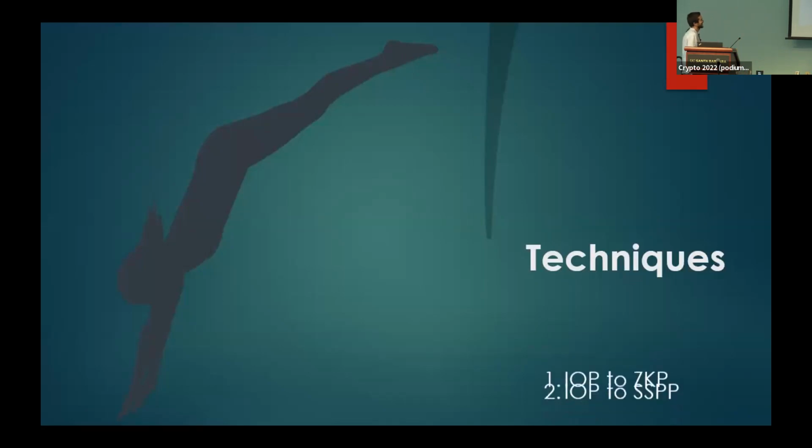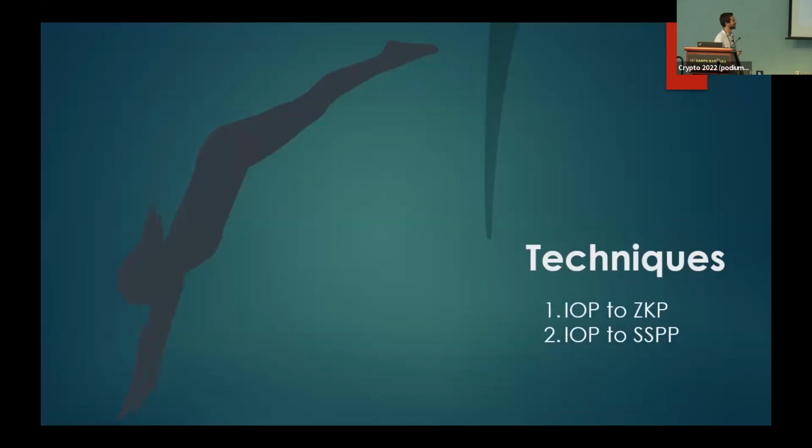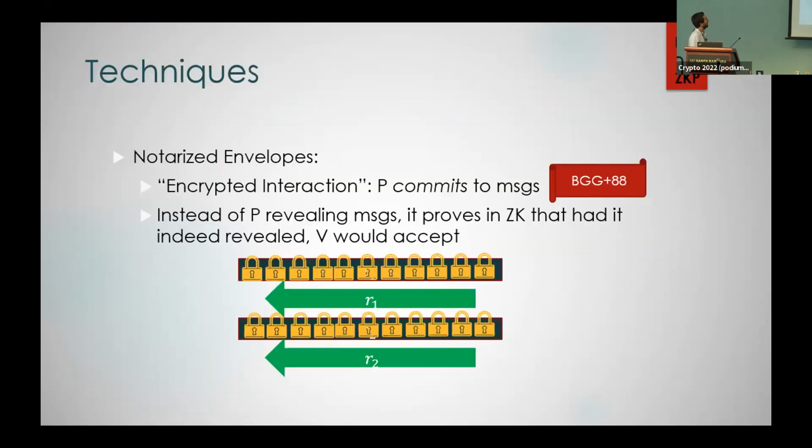So how do we construct succinct zero-knowledge proofs from IOPs? Basically, we're using standard techniques that were known before for interactive proofs, and we're just adapting them to IOPs. The first technique that we use is the notarized envelopes technique.